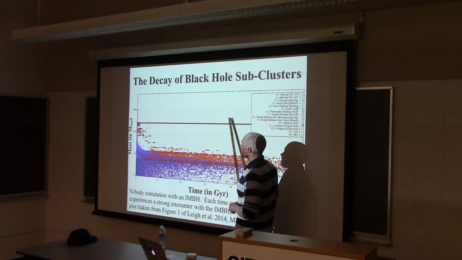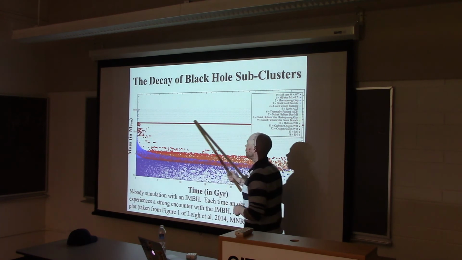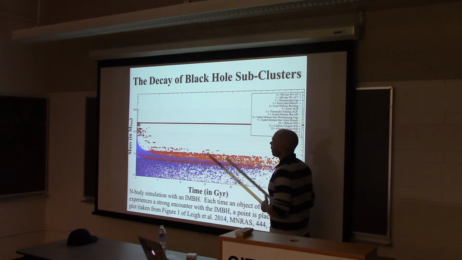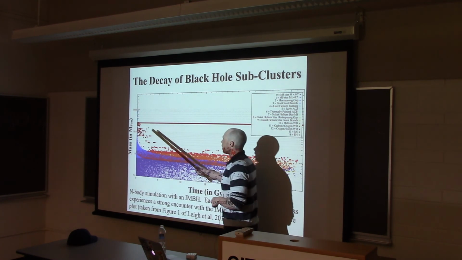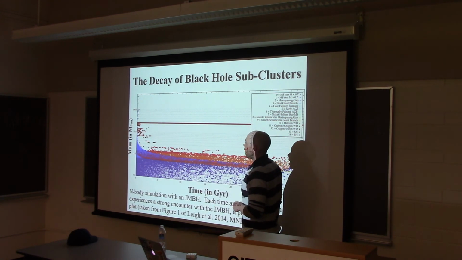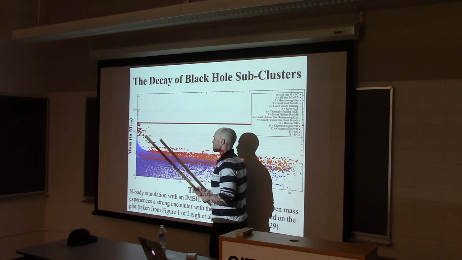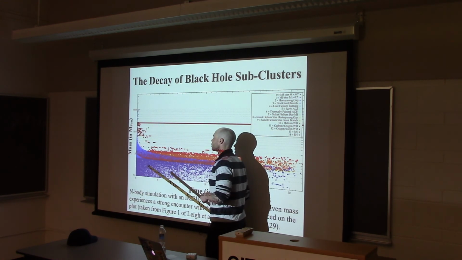We find that the second most massive black hole quickly sinks in and finds itself in a binary orbiting the central IMBH. Then this pair systematically interacts with the remaining black hole population, ejecting them and removing them from the cluster. So you're having these three-body interactions.